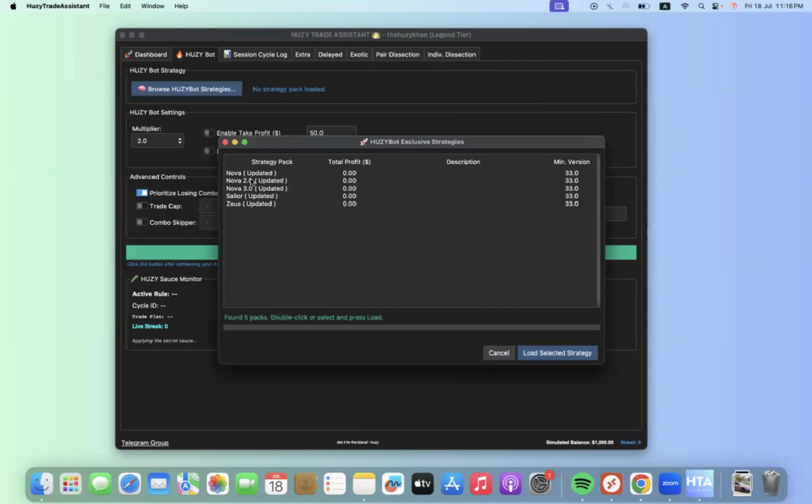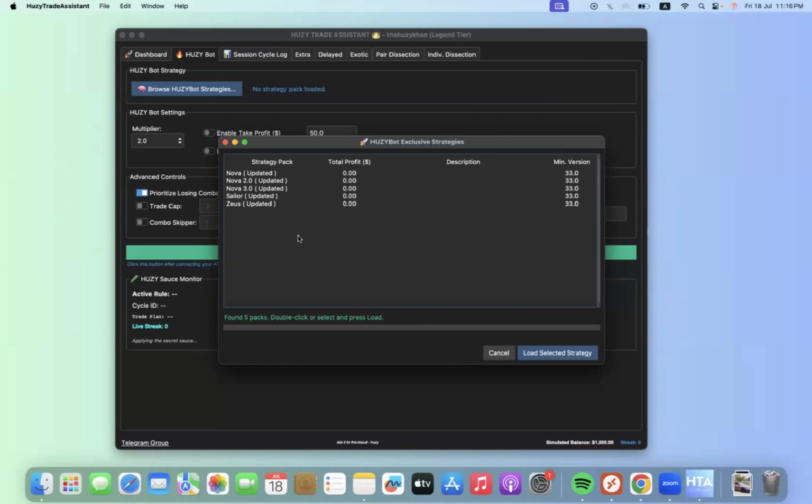Okay. So all of them have different sort of rules on which they were built, but there is one thing common as of recording this video right now, of 18 July. There's one thing common in all of these strategy packs, and that is that all of them have execution streaks set at 2, meaning once a rule is going to get executed, it is only going to execute 2 trades.